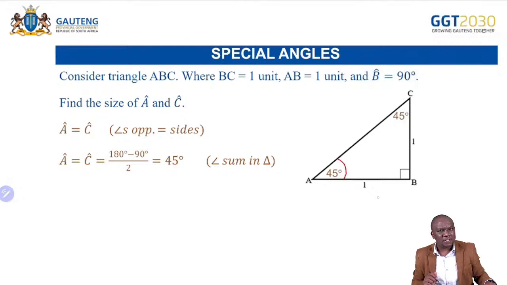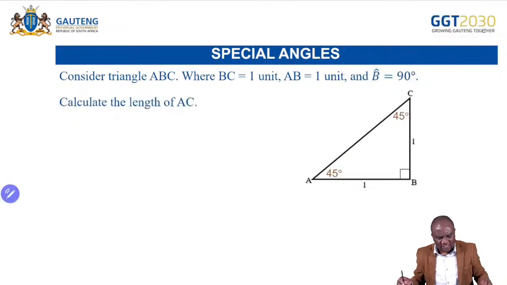We have the opposite side, which is 1 unit. But what is missing? We want the trigonometric ratios. Which side is missing? The hypotenuse, AC. So because of time, I'm going to explain how we get AC, and then I'll give you time to write your notes.